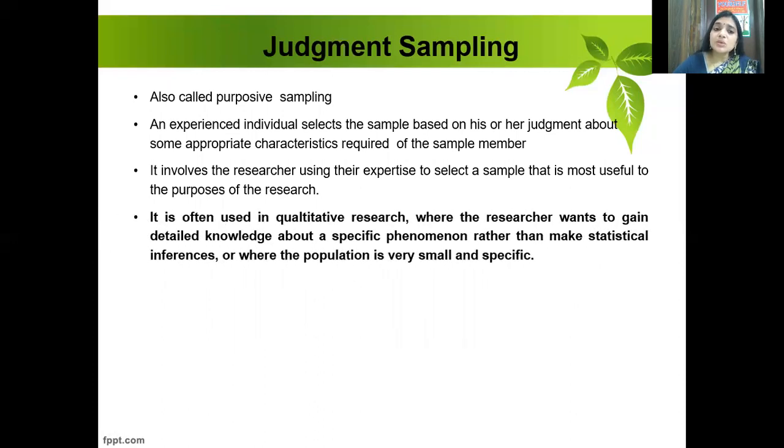It is often used in qualitative research where the researcher wants to gain detailed knowledge about a specific phenomena rather than make statistical inferences, or where the population is very small and specific. For example, in case of knowing everything about school, I can pick different people from the class. I can pick one student who is intelligent, who is good in studies, to know about studies.